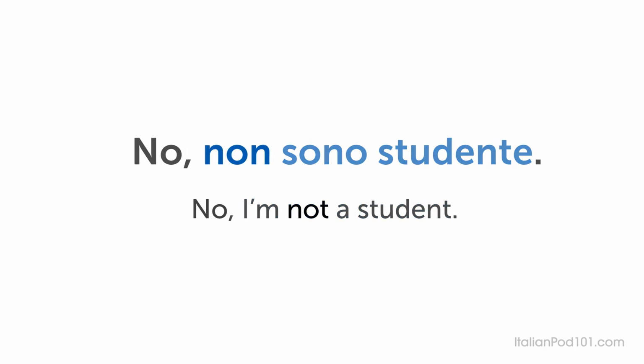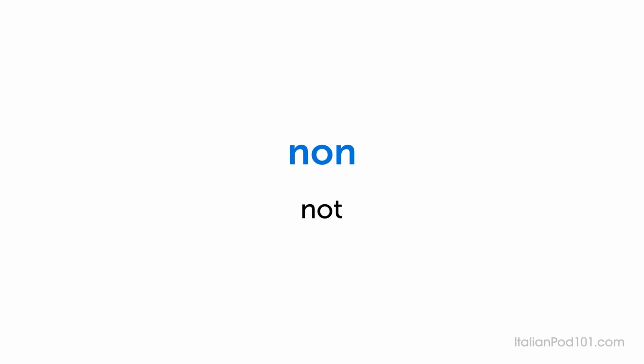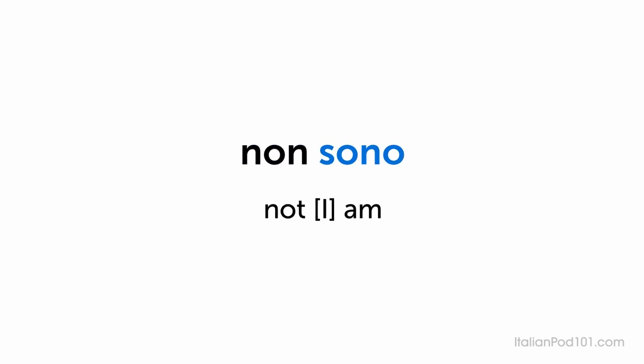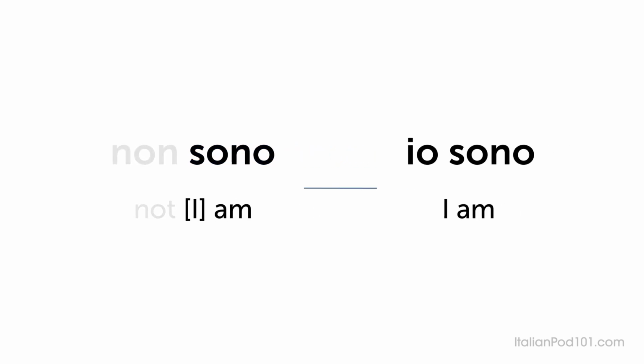First is Non, not. Next is Sono, I am. Note here Sono is a shortened form of Io sono, I am. In Italian, Io, I, is usually omitted as it's understood from context.